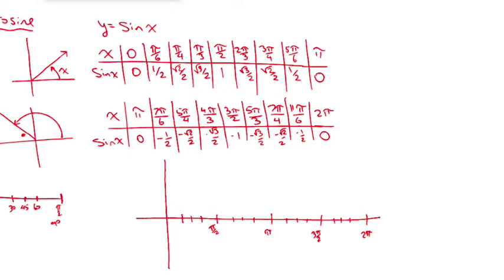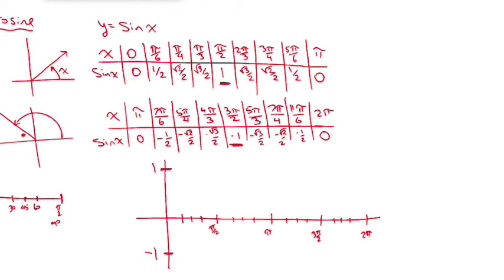How high is it going to go? 1. That's the largest value you're going to get out of it, which makes sense because the radius of our circle is 1. So the biggest x or y coordinate you could have is 1. What's the lowest it's going to go? Negative 1. So the minimum is negative 1, the maximum is positive 1.